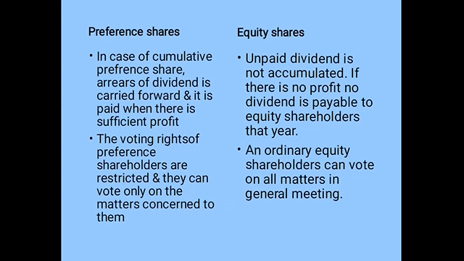Only in the matter which is concerned to them can they vote or give their opinion, but not in other matters of the company. But an ordinary equity shareholder can vote in all the matters of the general meeting. That is, during the general meeting, their opinion is considered. Their voting rights are considered in case of equity shareholders.